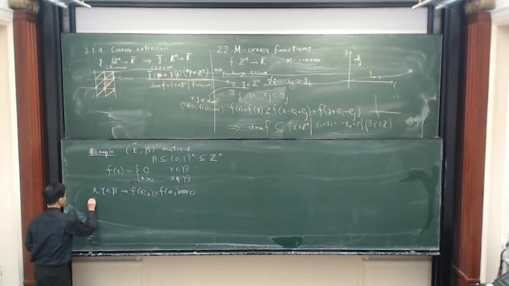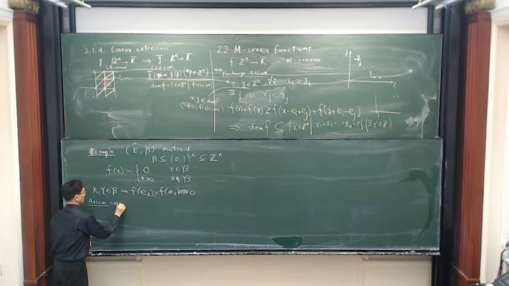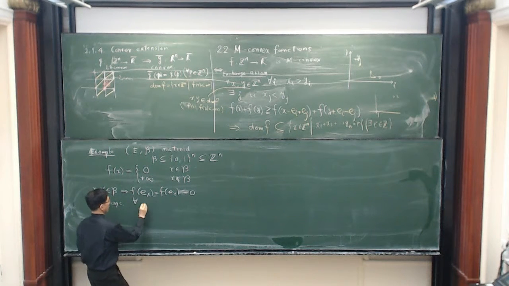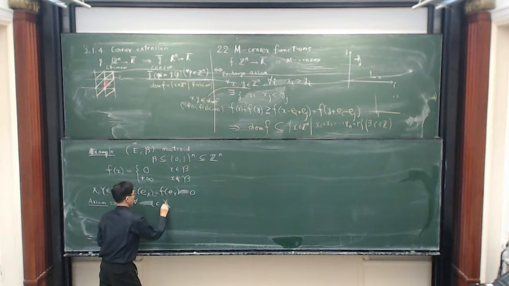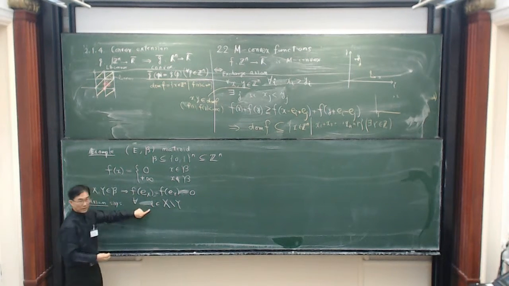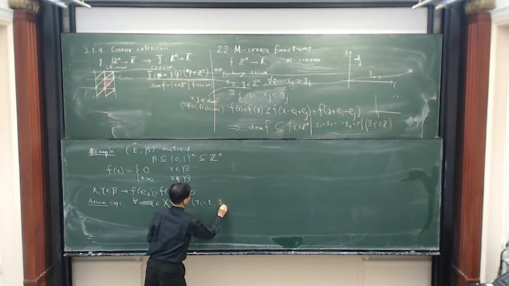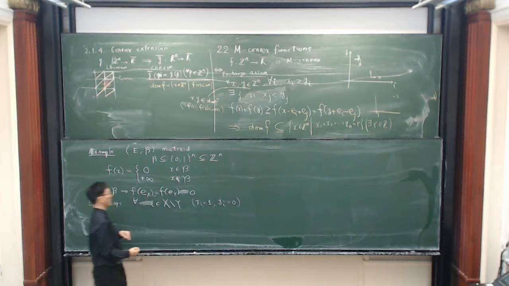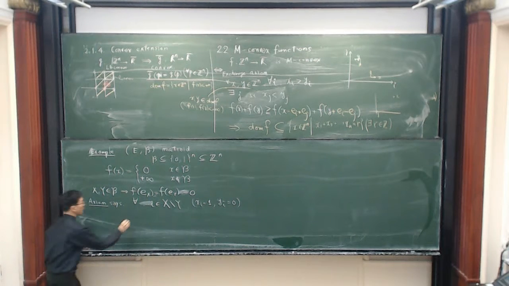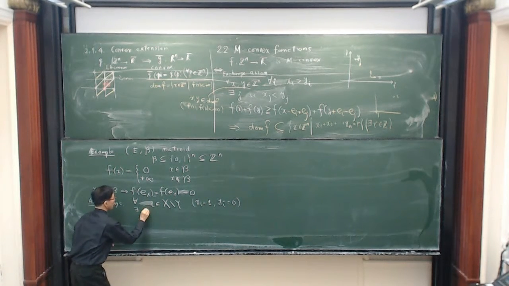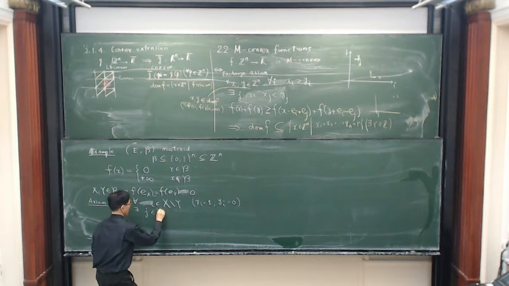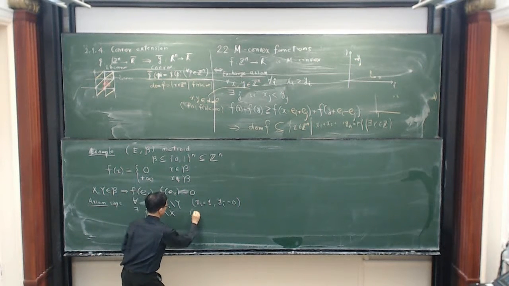The axiom says for any i in x minus y, that means x_i is 1, y_i is 0, then there exists some j because of this.